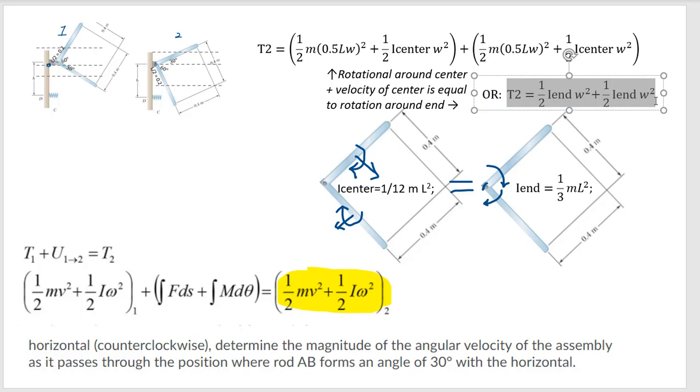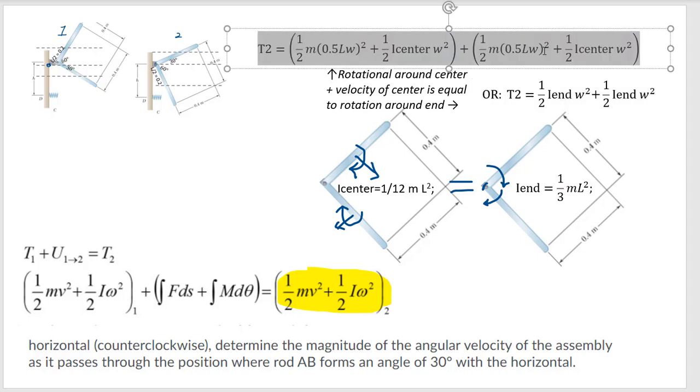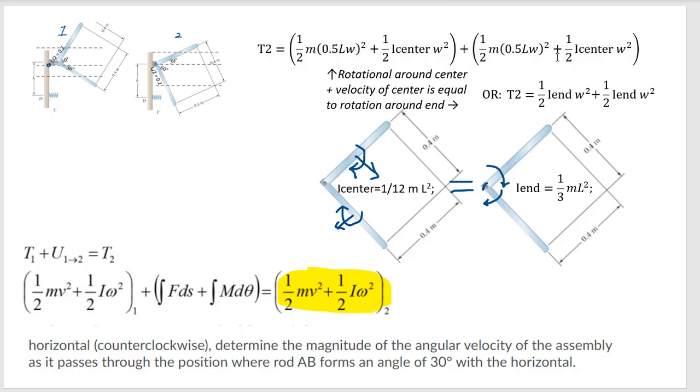So this equation, 1/2 I omega squared, where it's the inertia around the end, gives exactly the same number as this equation, where I'm adding together the 1/2 m v squared plus 1/2 I omega squared for center versus end. This falls out of the parallel axis theorem of relating inertias around any point if you know the inertia around the center.